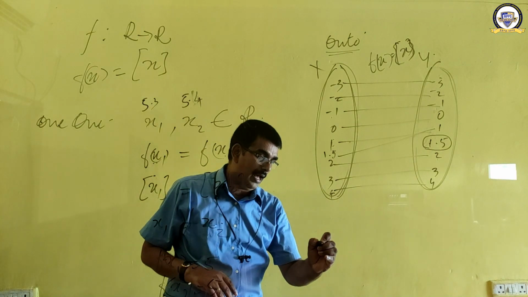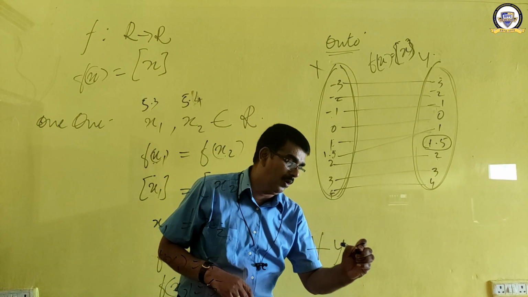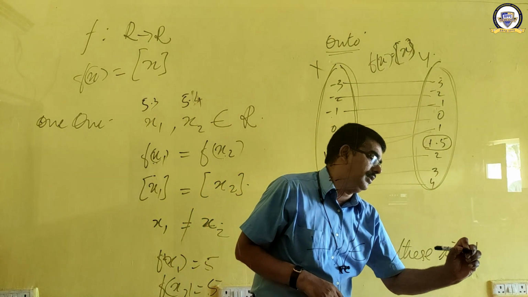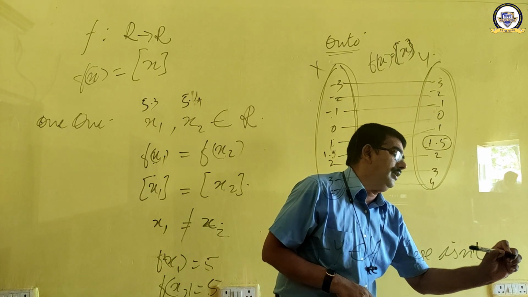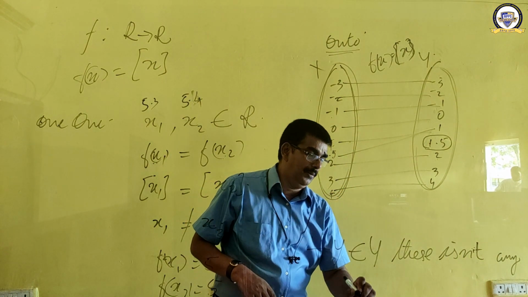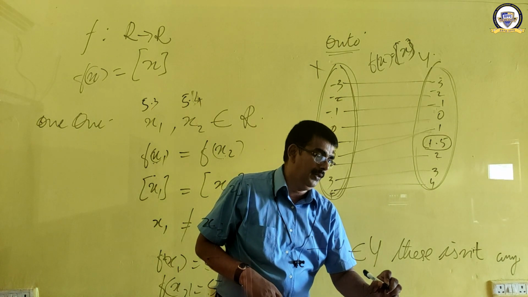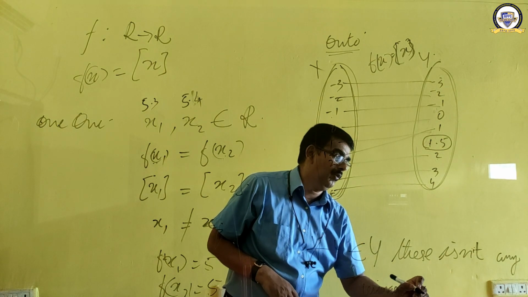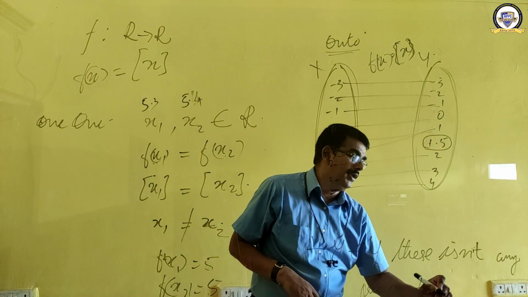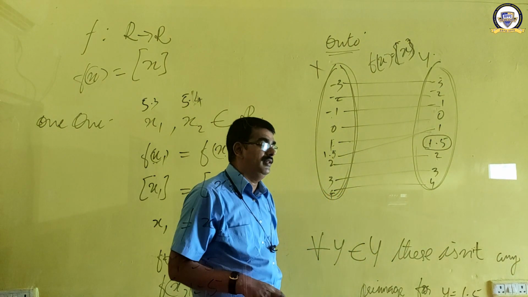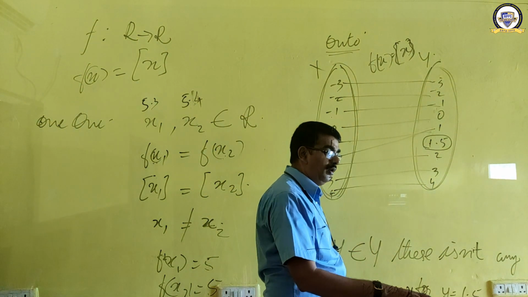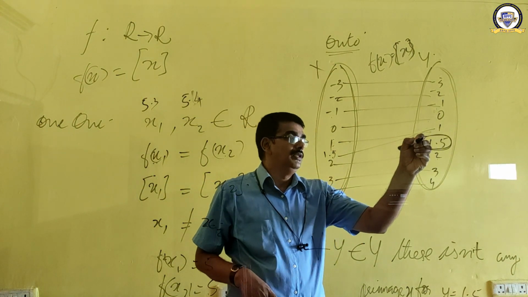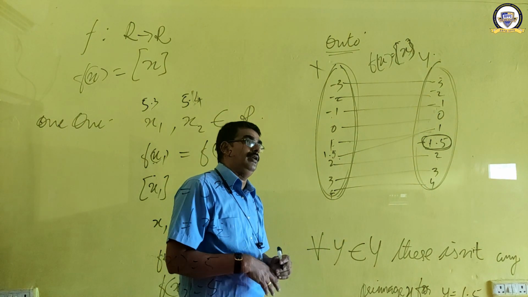So for y equal to 1.5, there isn't any pre-image x.